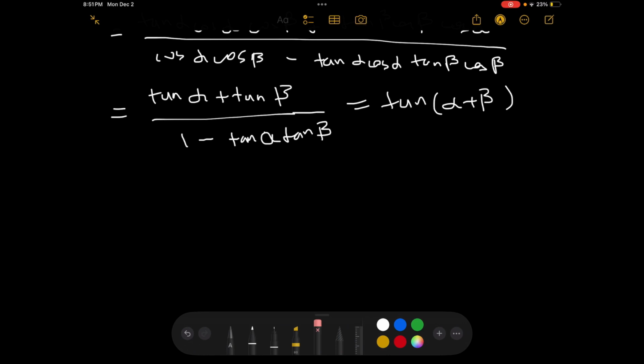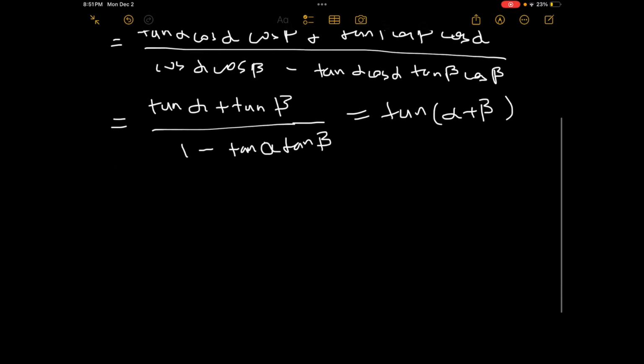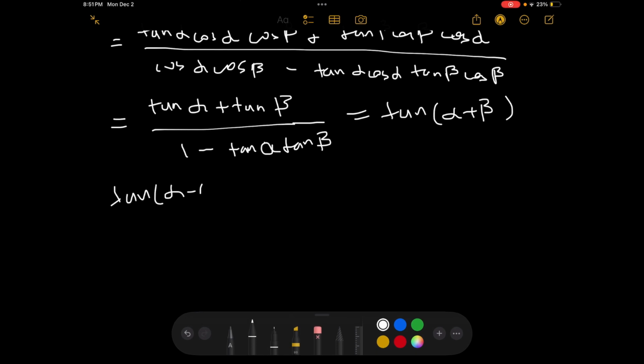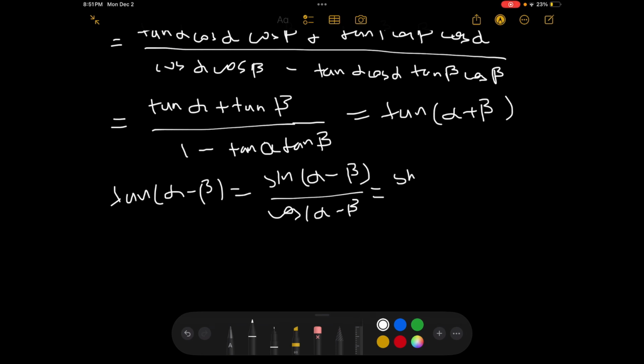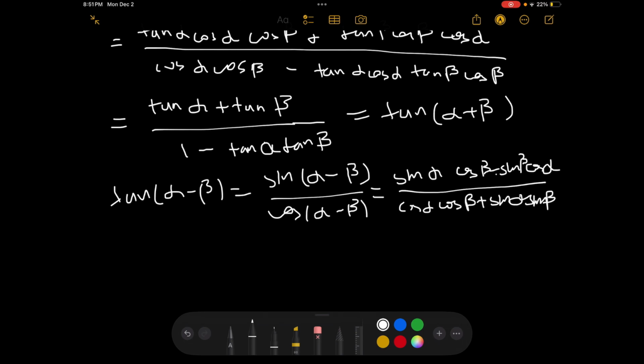So we would just rewrite tangent of alpha minus beta as sine of alpha minus beta divided by cosine of alpha minus beta, which is sine of alpha times cosine of beta minus sine of beta times cosine of alpha, divided by cosine of alpha times cosine of beta plus sine of alpha times sine of beta.